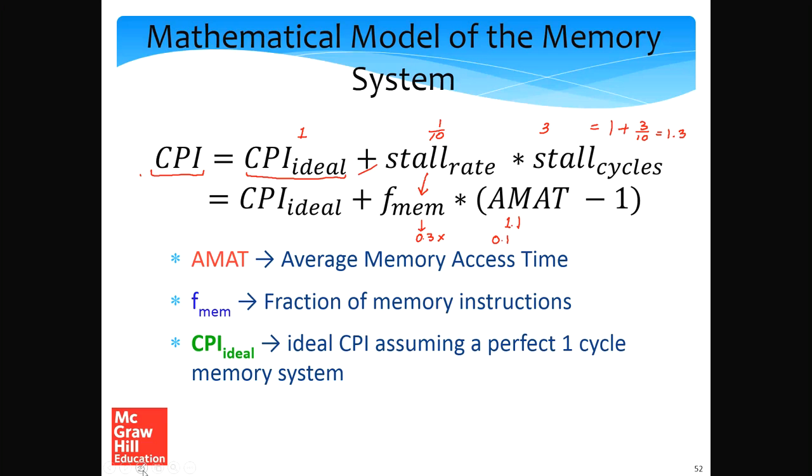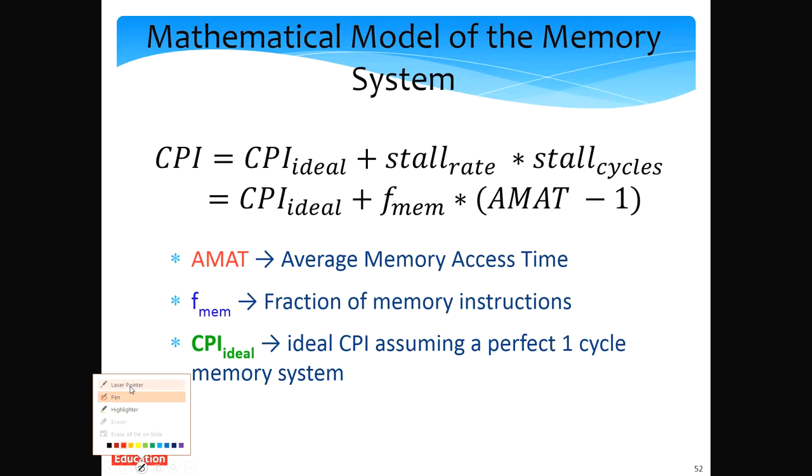Let me discuss this equation in a different light. What we are essentially trying to do in the first line is compute the CPI with a non-ideal memory system. For that, we first get the CPI for an ideal memory system.